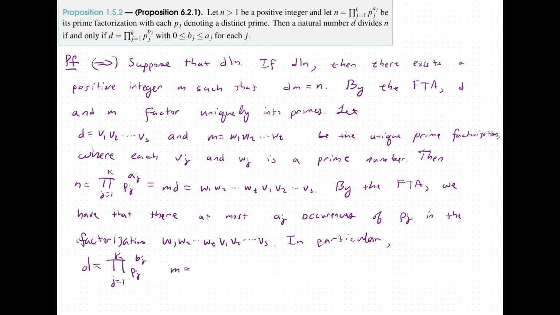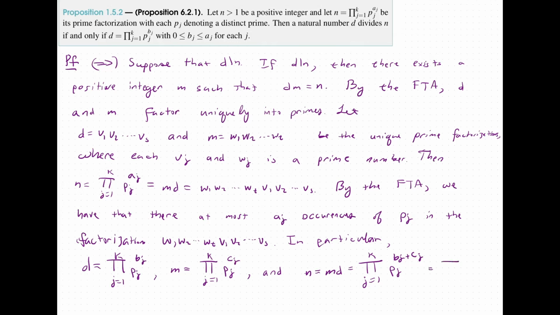M is equal to the product from j equals 1 to k of p sub j to the c sub j, and consequently we have that n, which is equal to m times d, is equal to the product from j equals 1 to k, and then we collect the like terms, so in this case the primes occurring in the factorizations, and so by exponent rules we have p sub j to the b sub j plus c sub j.